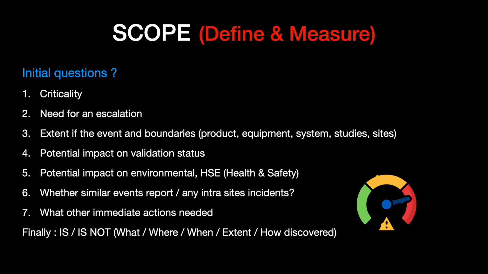What is the extent of the boundary? In terms of boundary, does it affect the batches, equipment, systems, and sites? What's the impact on the validation status of the process, or is there any compliance issue? Is there any environmental effect or health and safety concern? So you break down all these important questions.